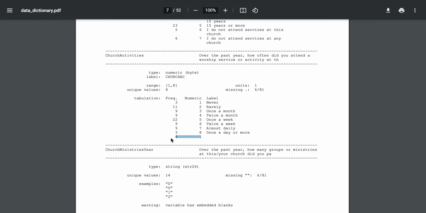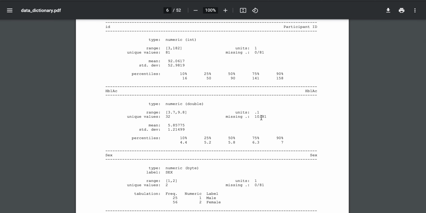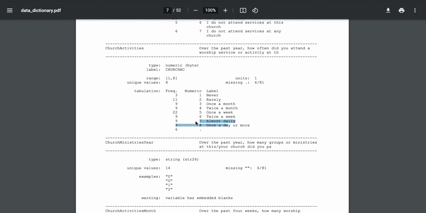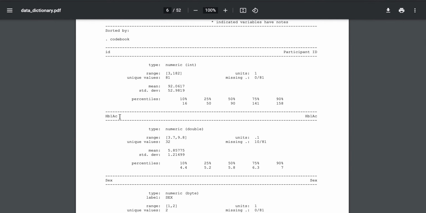Okay, so now the question is that if these 6 that are missing coincide with the 10 that are missing here, then maybe we can use this variable because then those are missing that we don't care. Those data points have missing church activities that we don't care because those are the same data points that are missing the HB1AC.